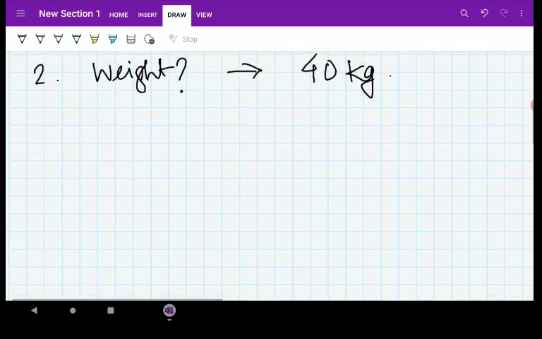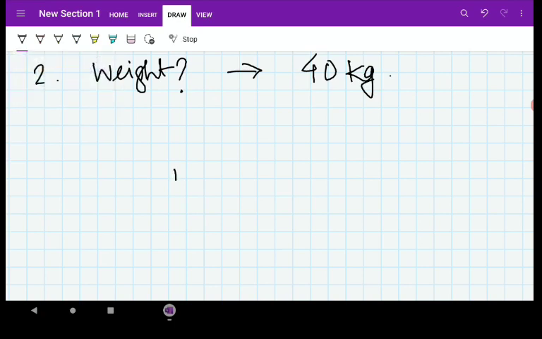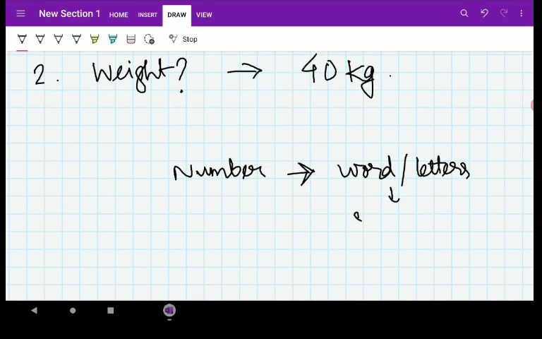So in either of these cases, in our measurement there is a number followed by a word or letters which we call symbols.